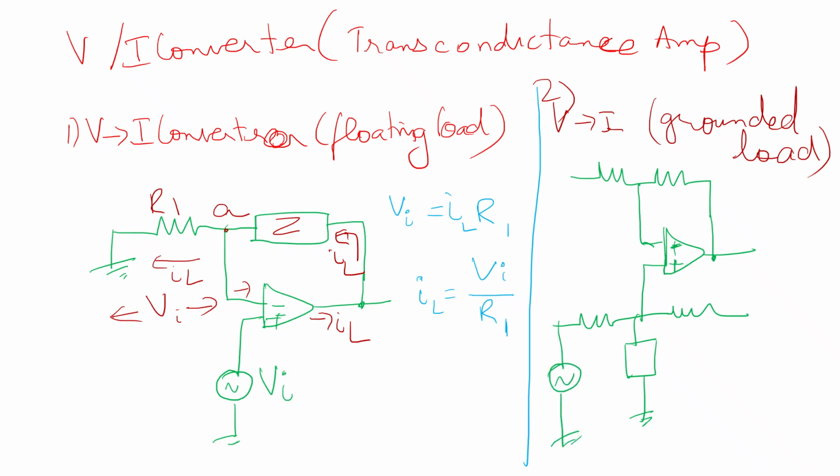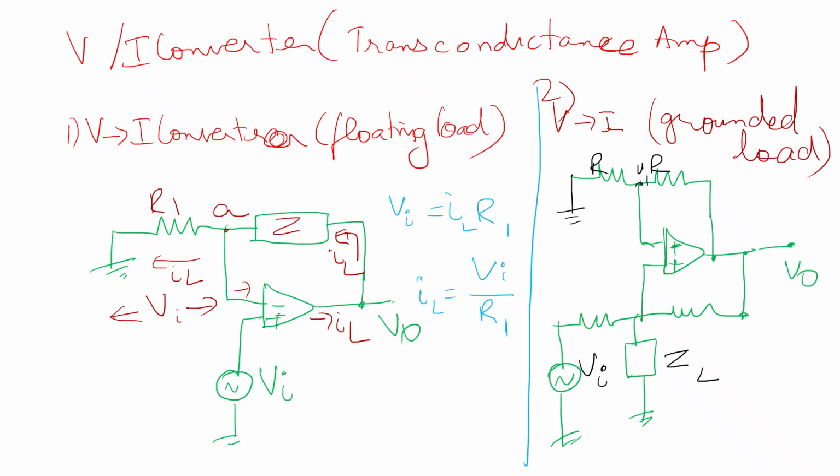The input voltage is given, and the output voltage is collected over here. This terminal is grounded. R and R. V1 is the input voltage. ZL is the grounded load.